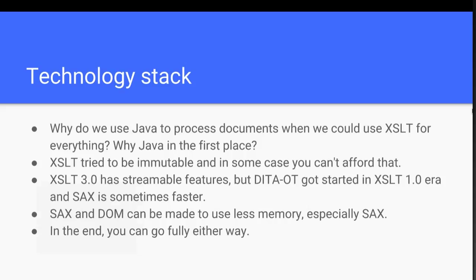So there are places where Java, and in this case I'm mostly talking about Sax, makes more sense, because XSLT has the property of trying to be immutable, in the sense that if you access another document with XSLT, you will always get the same document back, which means it needs to keep it in memory, and you will run out of memory at some point if you have, let's say, 3,000 topics, or nearly 100,000 as with one of my customers.